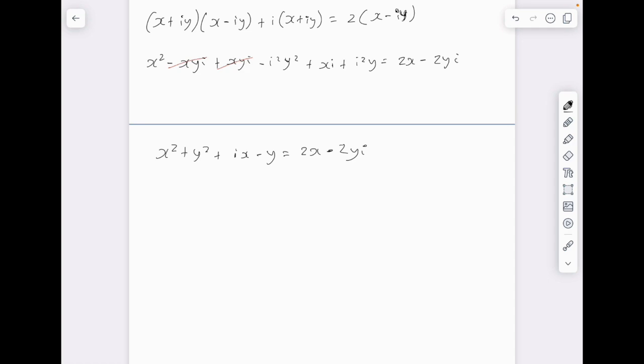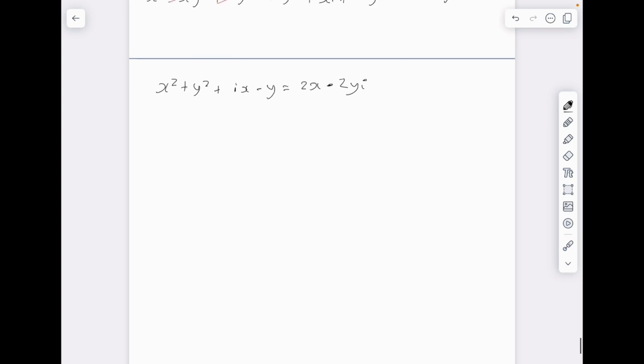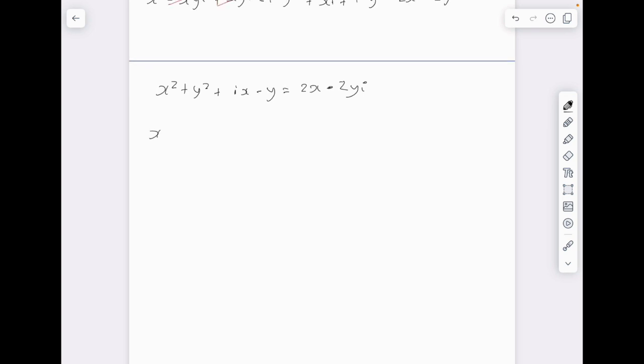Alright. And in fact, we can go a step further just to rearrange it to help us in the next part of the question, because the next part of the question now is comparing like terms.